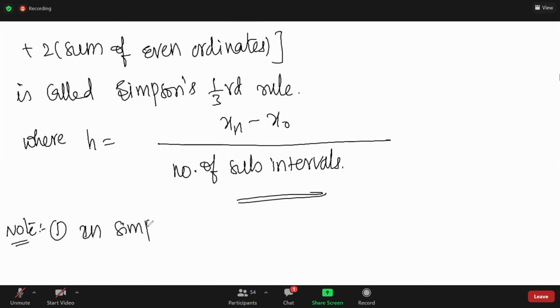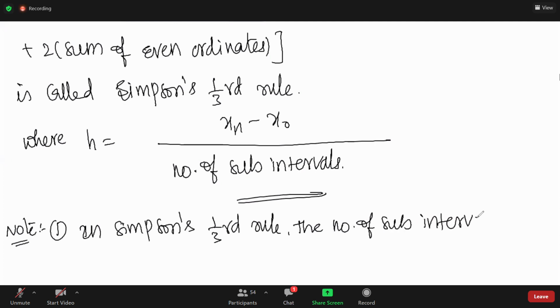In Simpson's 1/3 rule, the number of subintervals must be even. Very, very important for multiple choice questions. Because we substituted n is equal to 2, which means even number.